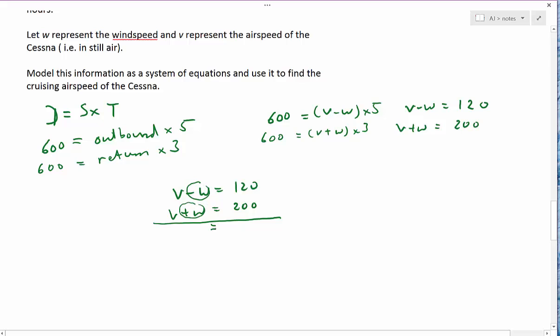So the difference between them is 2 times the wind speed is making up the difference of 80. So that means that the wind speed is 80 divided by 2, which is 40. And then if v minus w is 120 and v plus w is 200, then v, the airspeed of the Cessna, must be 160 miles per hour. This is typical of the speed, distance, time questions.